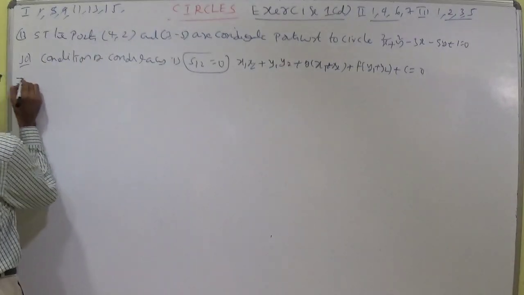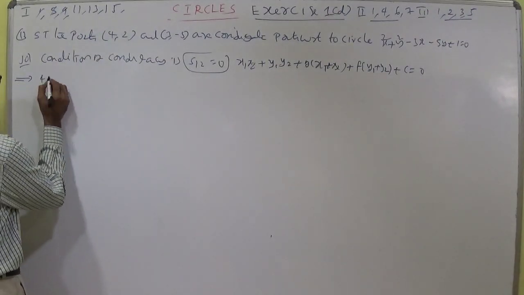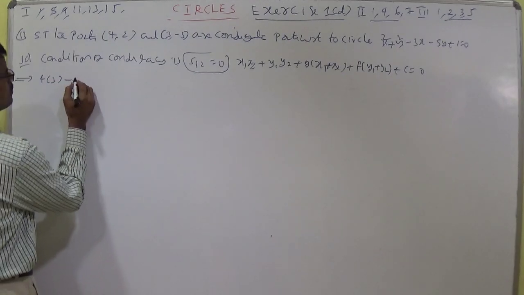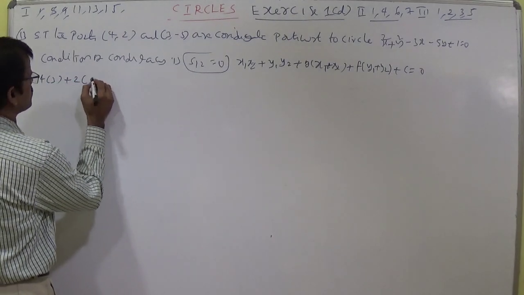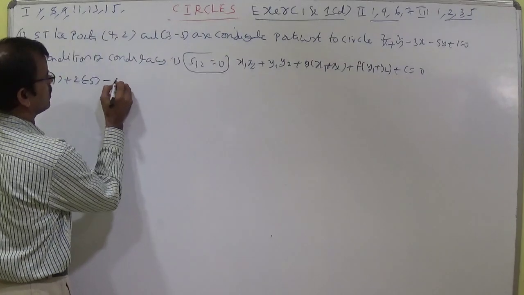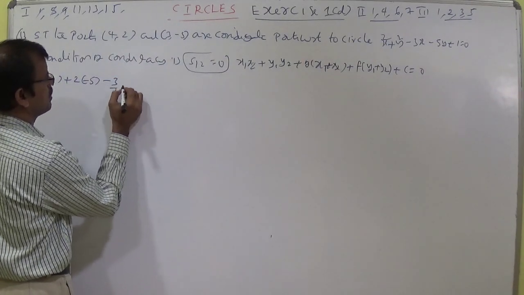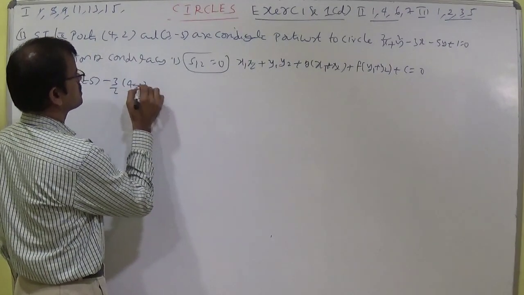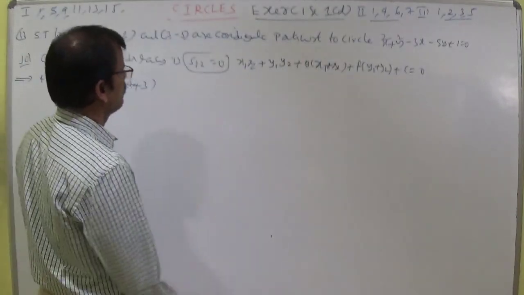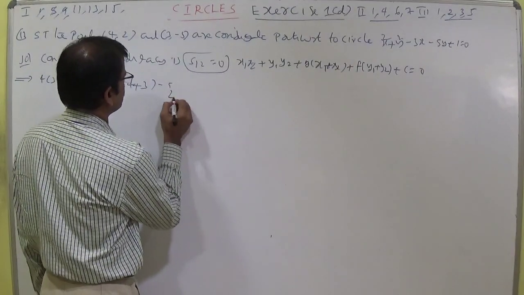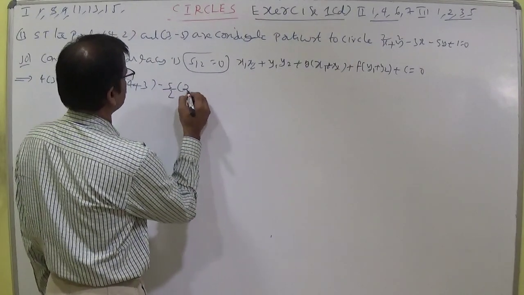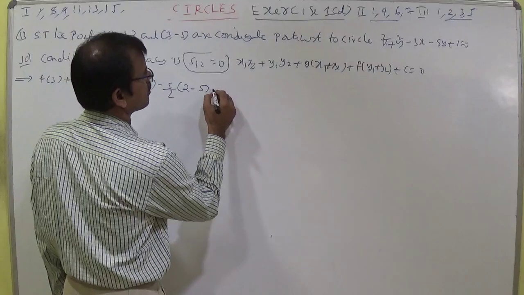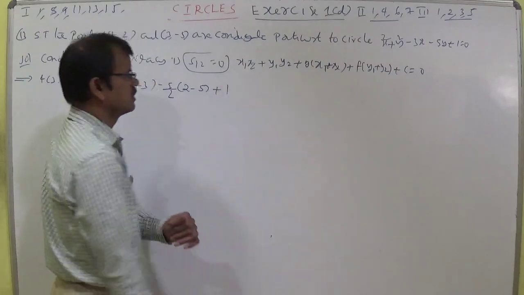Using the notation, we can write 4 into 3 plus 2 into minus 5 plus minus 3 by 2 into 4 plus 3, minus 5 by 2 into 2 minus 5, plus 1 equal to 0.